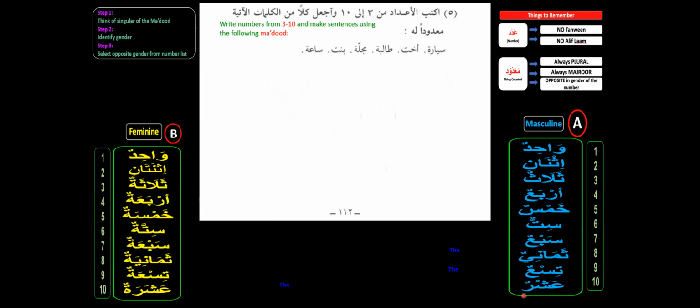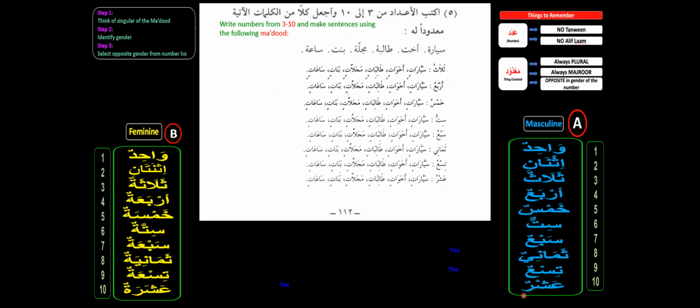Now, once again, same exercise as we've seen last time. Write numbers from 3 to 10 and make sentences using the following ma'dud: سيارة, أخت, طالبة, مجلة, بنت, ساعة. Write numbers from 3 to 10 before them. This is written here, saving the space, but what I ask you to do is, you don't write it this way.